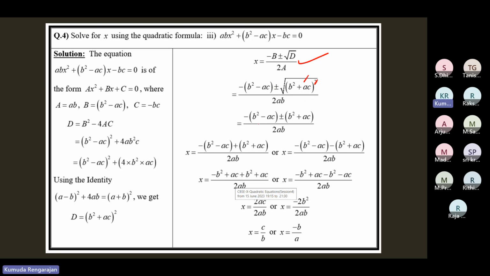So you have plus or minus here: once with the plus sign, then with the minus sign. Minus b square plus b square cancels. Plus ac minus ac cancels. So you have 2ac. Here you have minus 2b square by 2ab. Then cancel and all that. x is equal to c by b, or minus b by a.